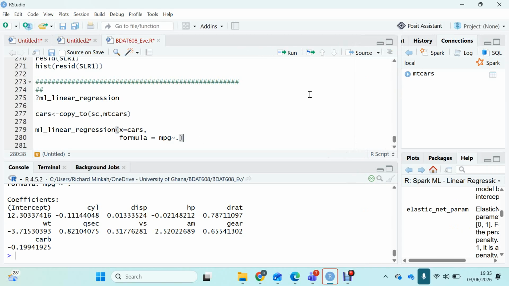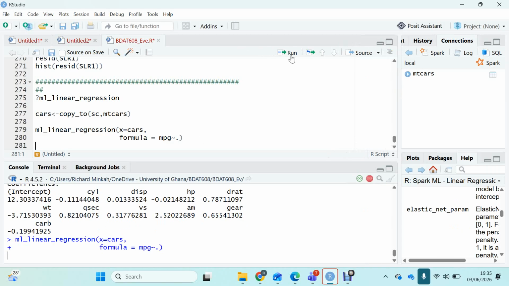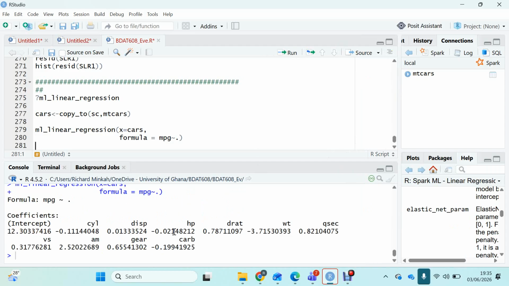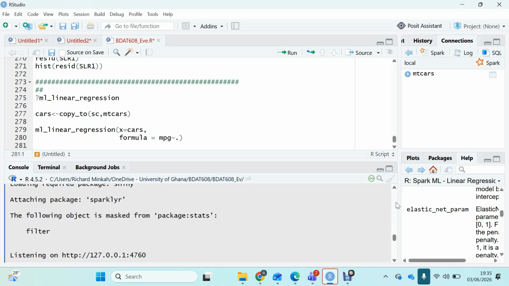Okay, so that's it. We can also plot it as a histogram, so there are several ways of looking at the diagnostics. But this is not really a linear model class.